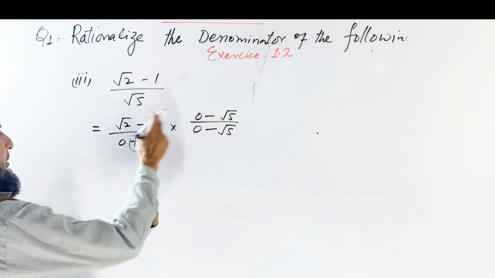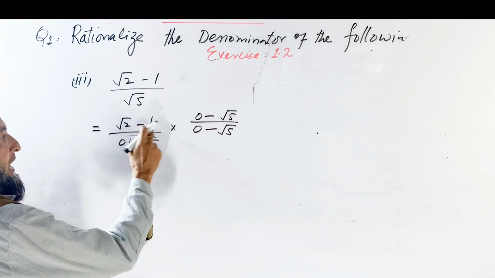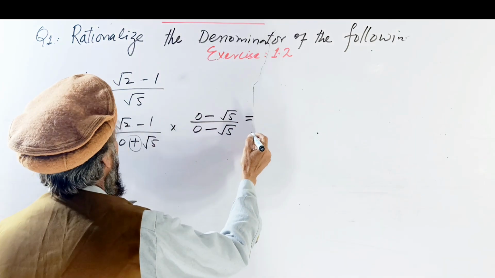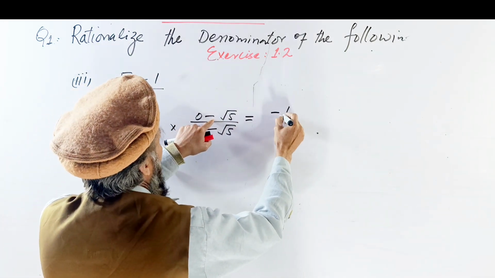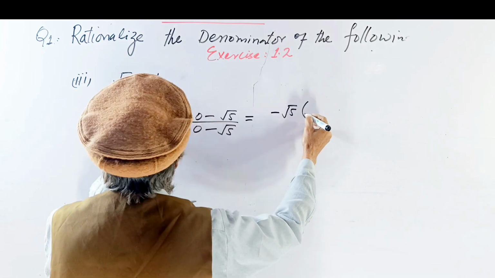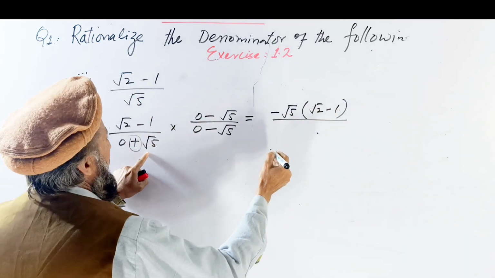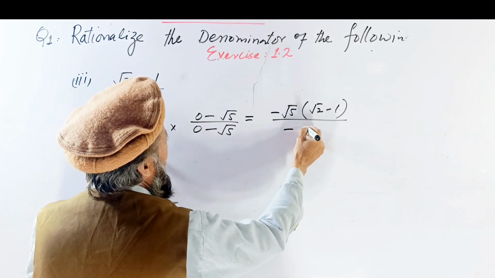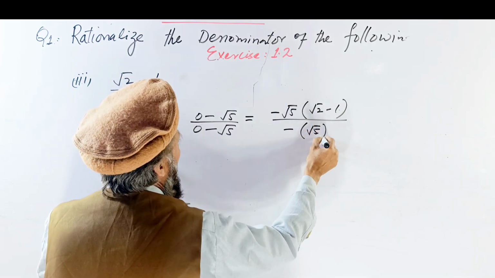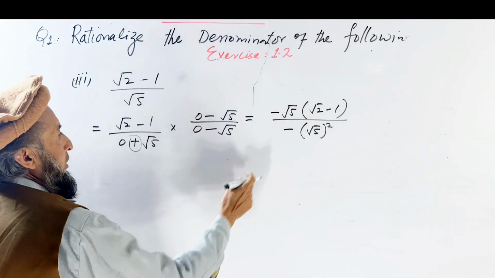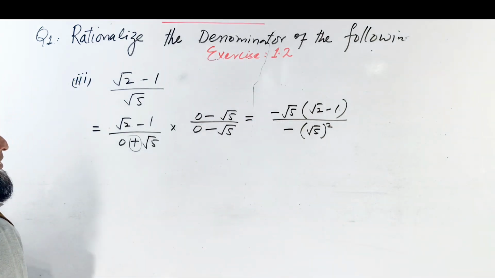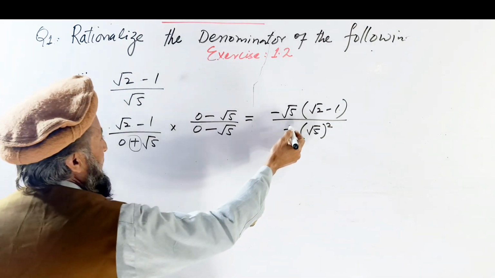Now multiply numerator, so 0 is multiplied by both terms, so both are 0, and we get here minus 5 under the root and 2 under the root minus 1 divided by 5 under the root. According to the previous question, 5 under the root whole square. Now these terms, both are cancelled to each other, they are positive to each other.